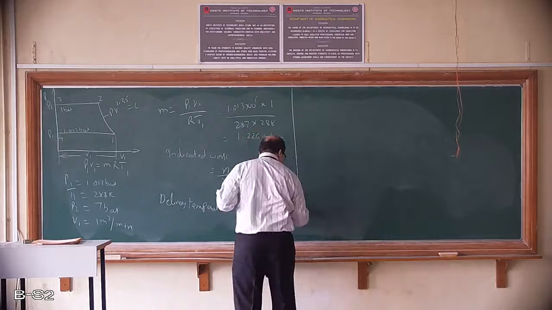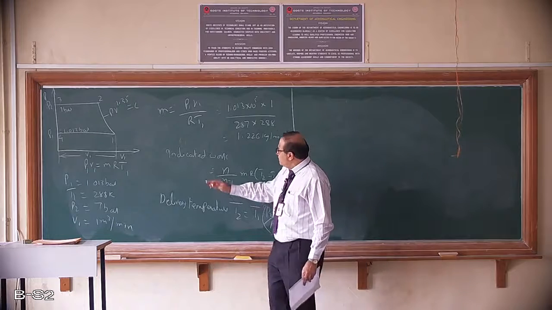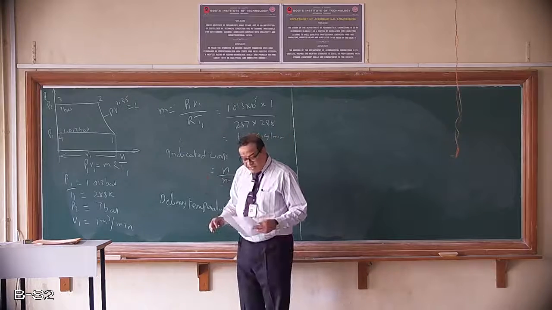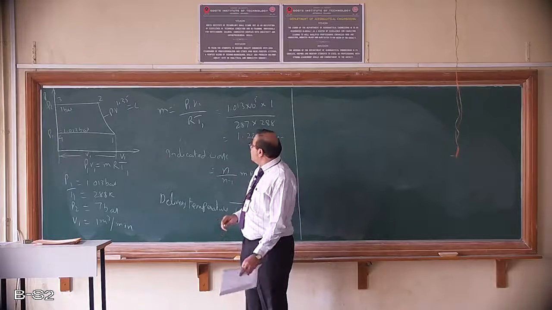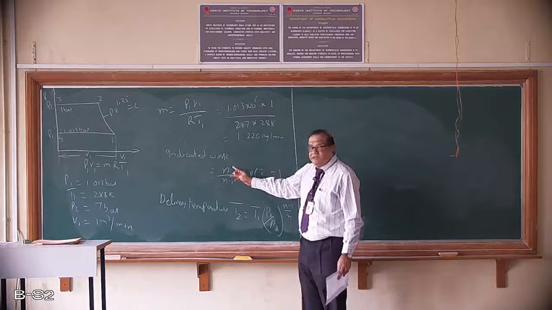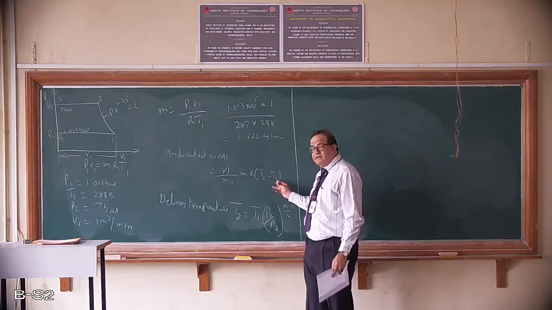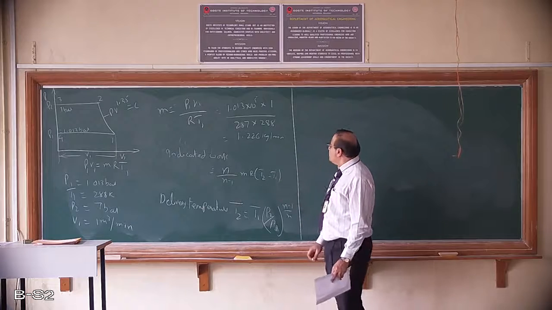So here, we know what is to be calculated: indicated power. Indicated power is n by n minus 1 m R into delta T, so T2 minus T1.